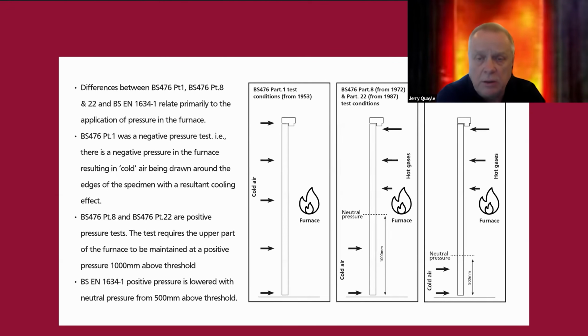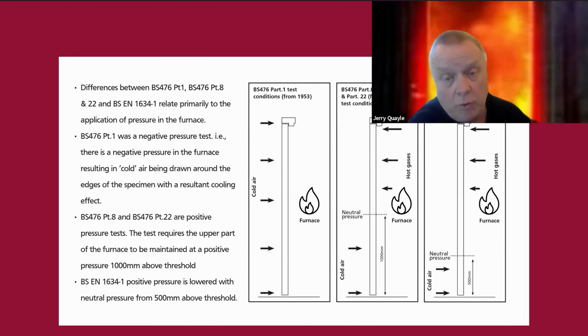There is an argument that indeed the curve used on this, which is ISO 834, is not representative of a real building fire, because it has inexhaustible supplies of energy. So we established this neutral pressure plane, and we've continued to use that for 40 odd years, getting on for.